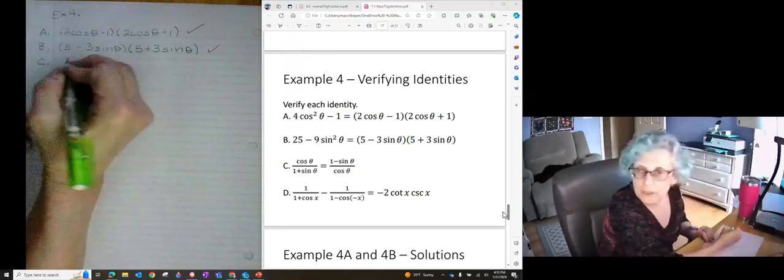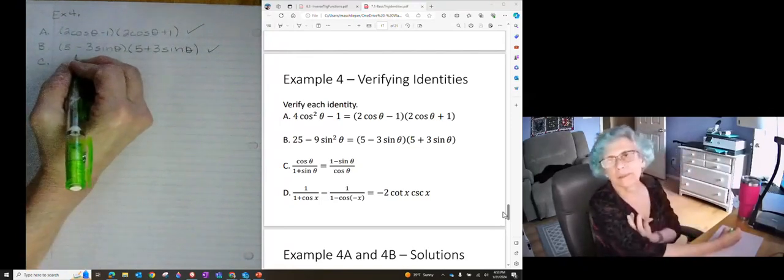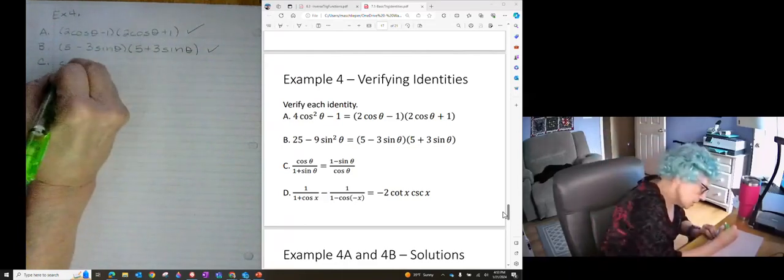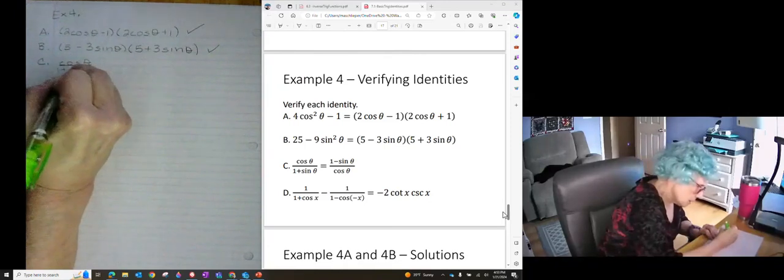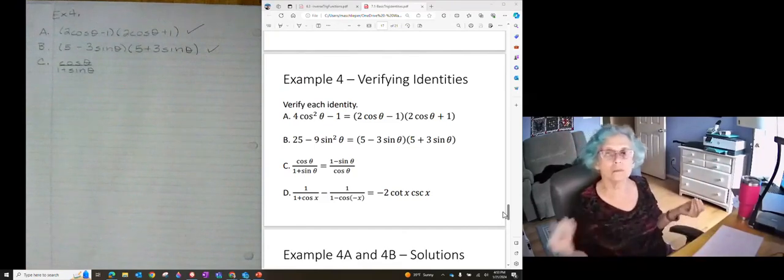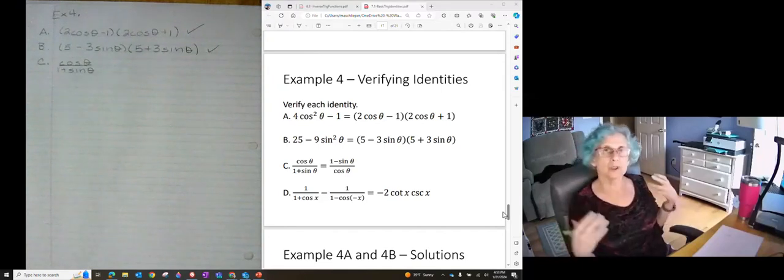Yay. So I have cosine of theta. Those are both equally complicated. You could start with either side. So just because, I'm going to start with the left-hand side. 1 plus sine of theta. Now, I see a 1 plus sine theta. I think, maybe I should multiply by 1 in a strange way.